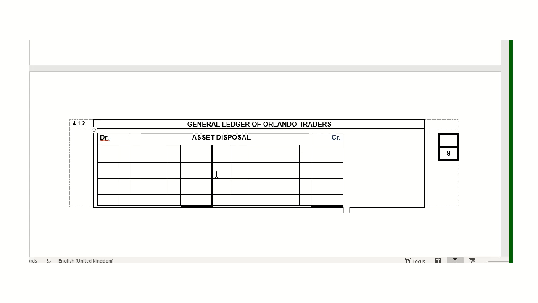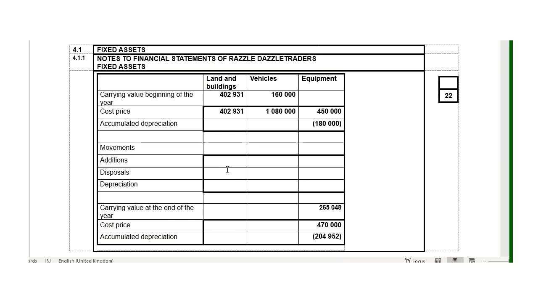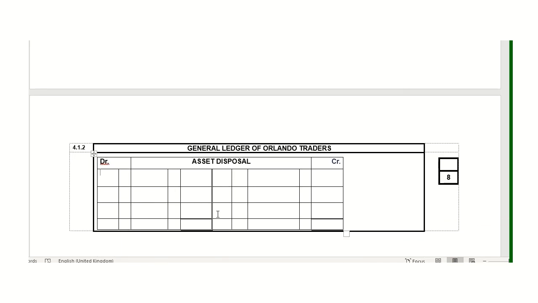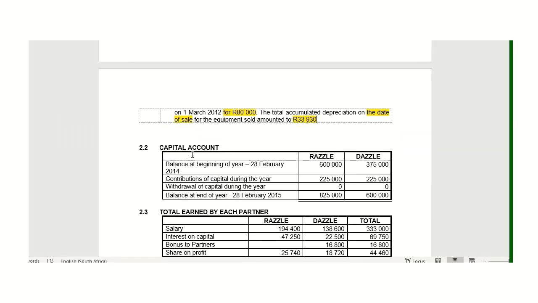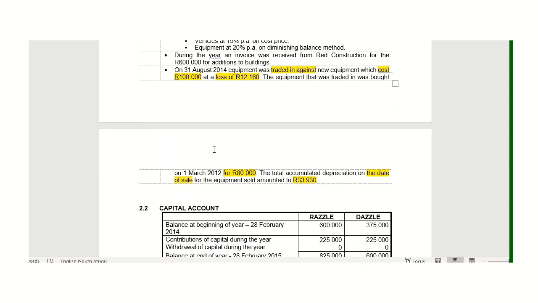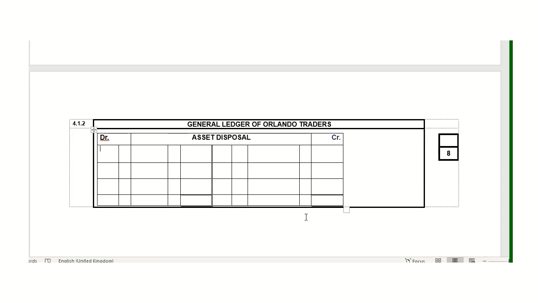So the first bit would be the year and the month. Let's just go and see when this happened. On the 31st of August 2014. So it's 2014, August. And it's the 31st.